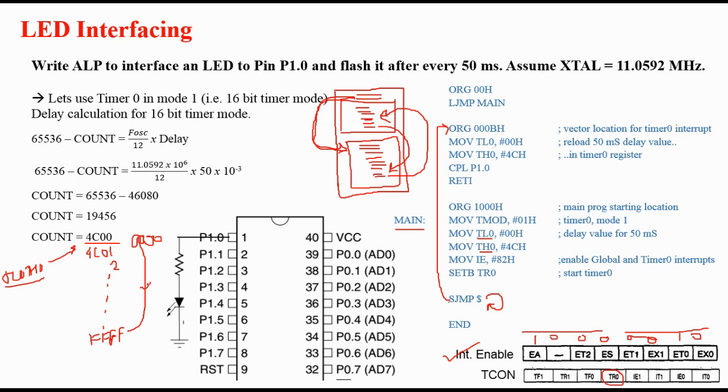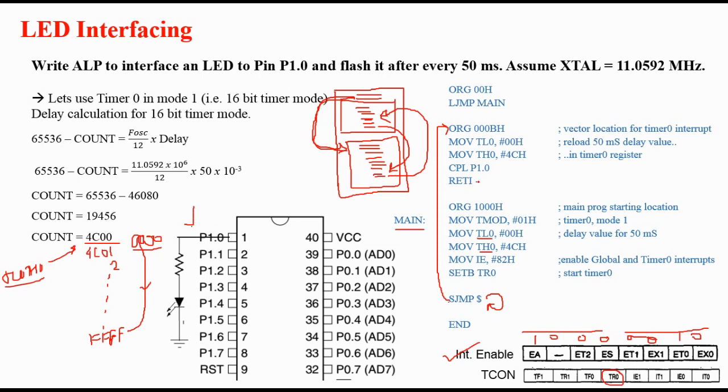Now as we know, the value of the timer has become 0000. We will reload that value with 4C00. So TL0 and TH0 will be assigned the values 00 and 4C respectively, and we will complement P1.0. Let us suppose P1.0 was low, now it will go high.